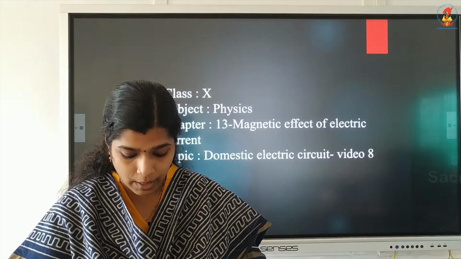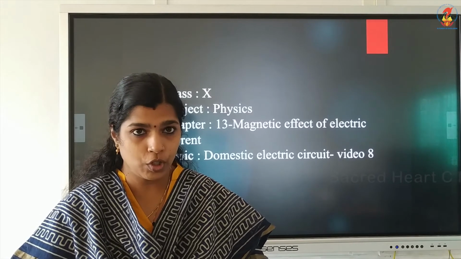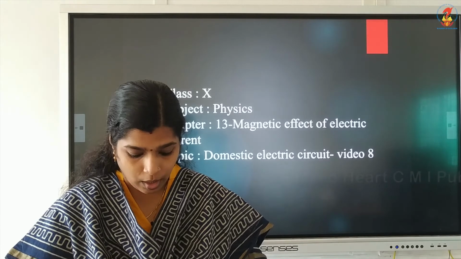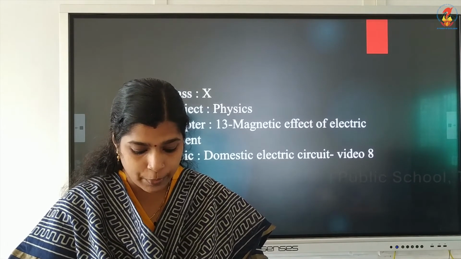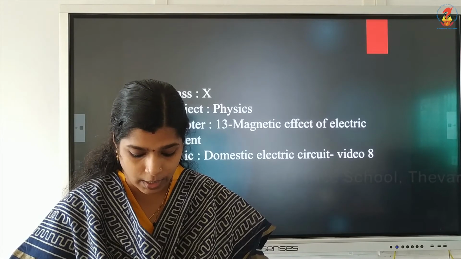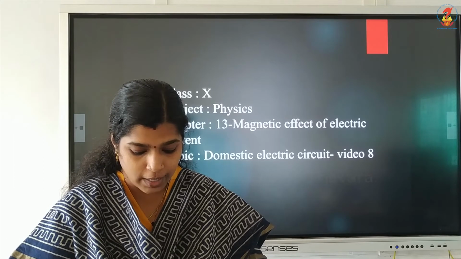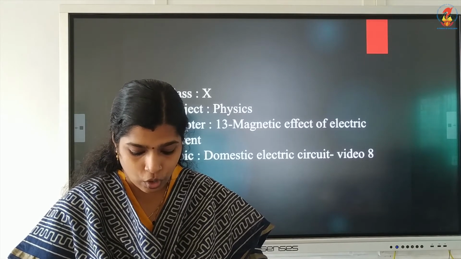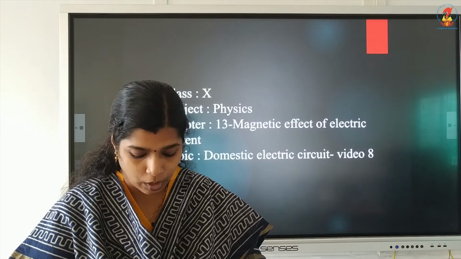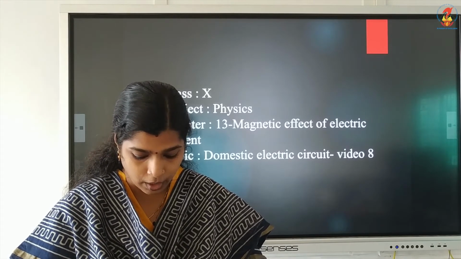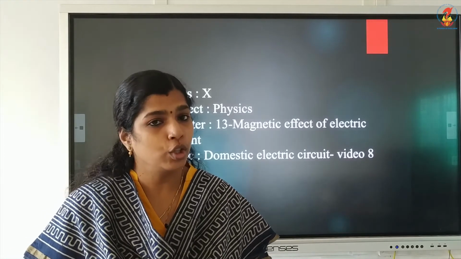For example, electric press, toaster, table fan, refrigerator, etc. The metallic body is connected to the earth wire, which provides a low resistance conducting path for the current. Thus, it ensures that any leakage of current to the metallic body of the appliance keeps its potential to that of the earth, and the user may not get a severe electric shock.